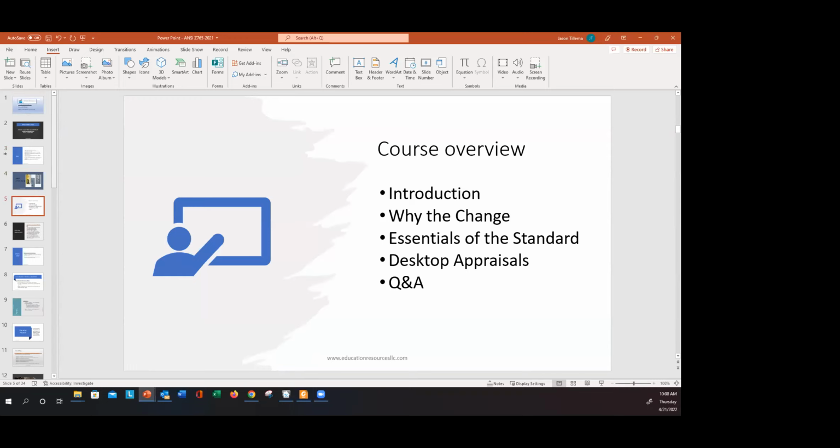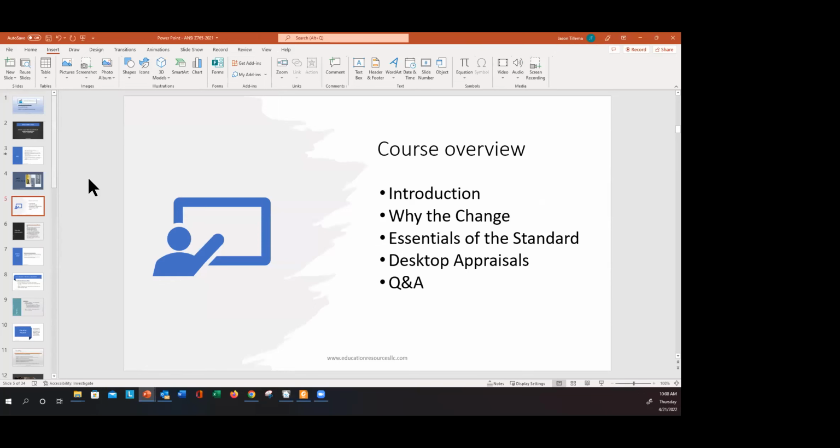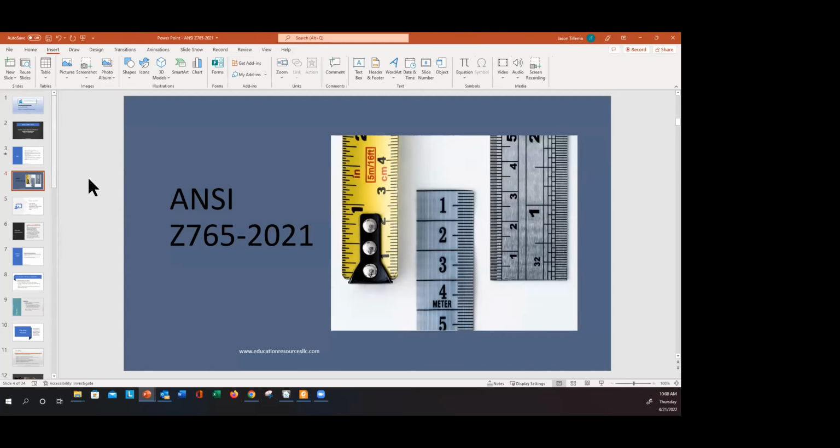One of the things I forgot to put in here: what exactly is ANSI? For those of you who don't know, ANSI is a nonprofit organization, and they administer and coordinate voluntary standards and conformity assessment systems. What we are going to be dealing with is the ANSI Z765-2021, that's what the appraisers have to abide by.